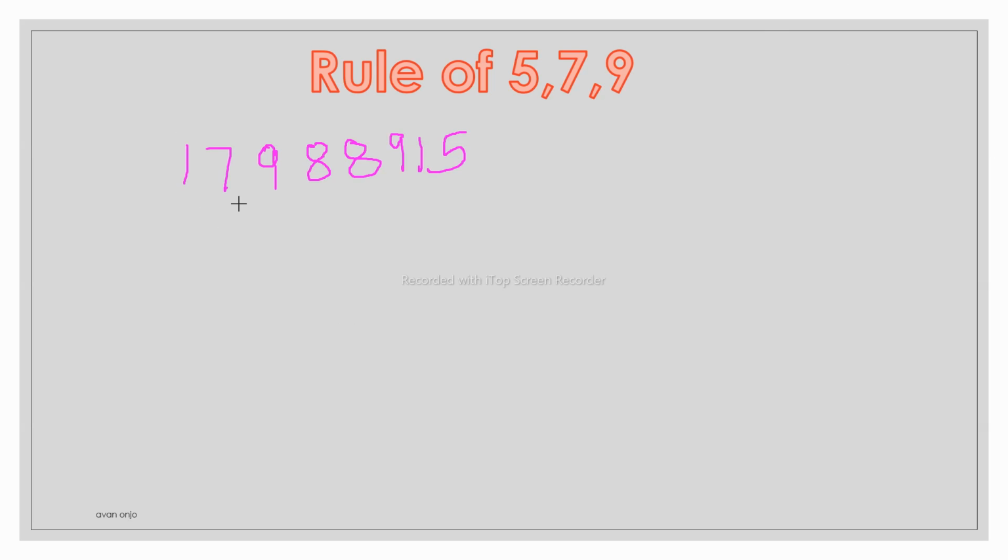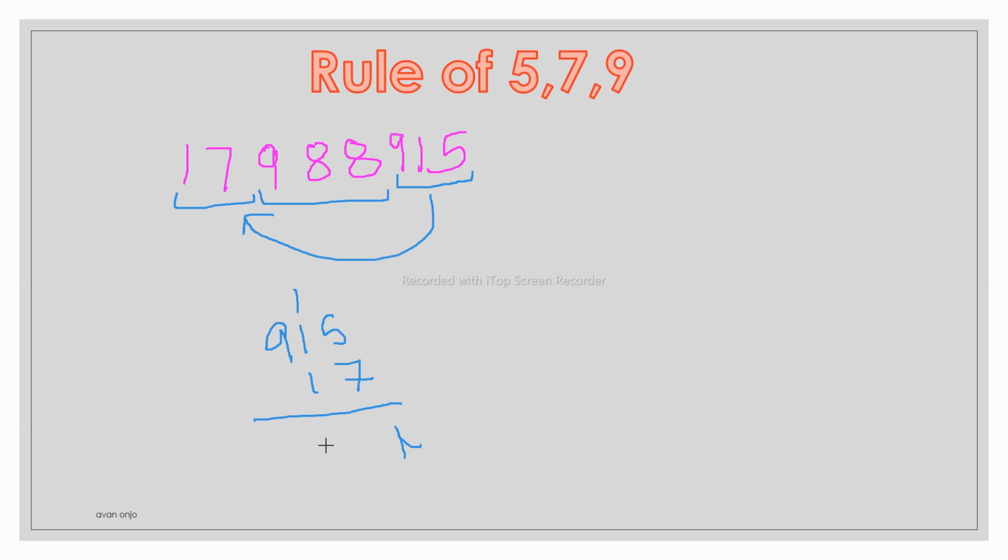Now I'm going to solve this one to check for the divisibility rule of 7. The first thing is to create pairs of 3. So I have created the pairs of 3 like this. I was not left with anything more, so I just made a pair out of the remaining ones. Now you have to add the alternate pairs. So I have 915, which I need to add to 17. So 7 plus 5 is going to be 12, sorry, so it is going to be 932.